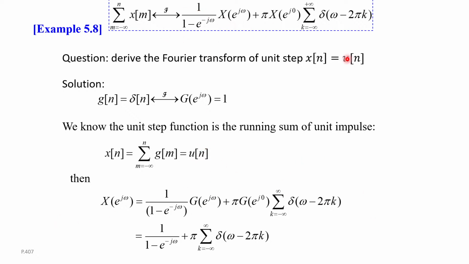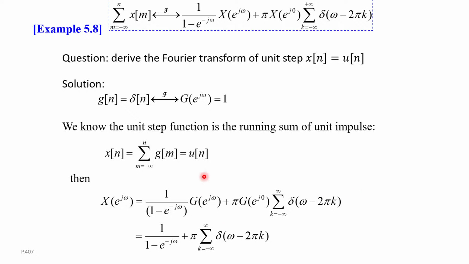And the corresponding Fourier transform, you just plug in the formula, it will be the 1 over 1 minus e to the minus j omega times your original Fourier transform, and then this pi and this spectrum taken at omega equals 0 times your impulse train.